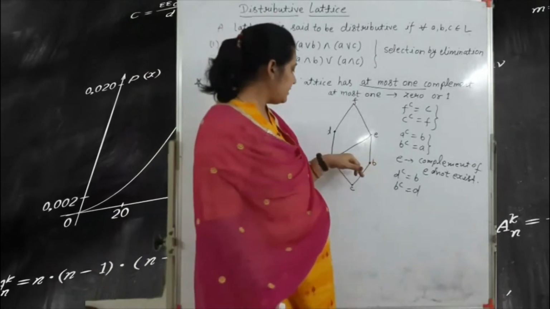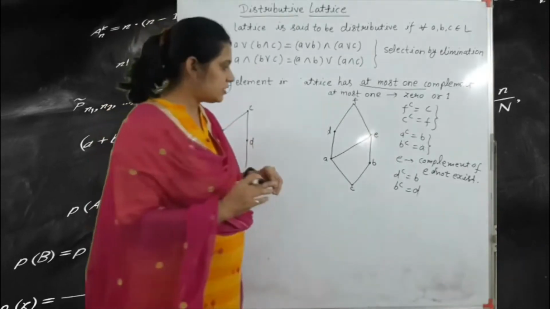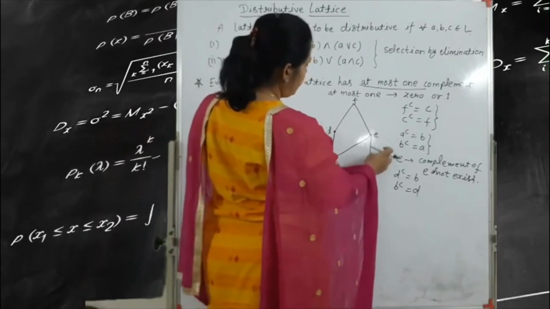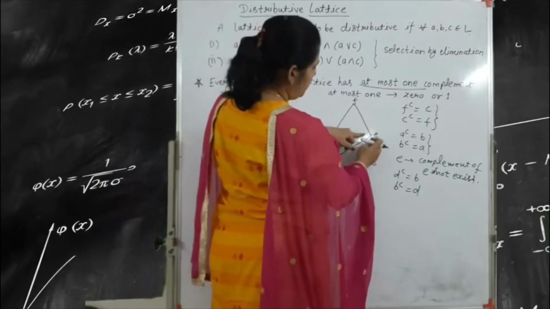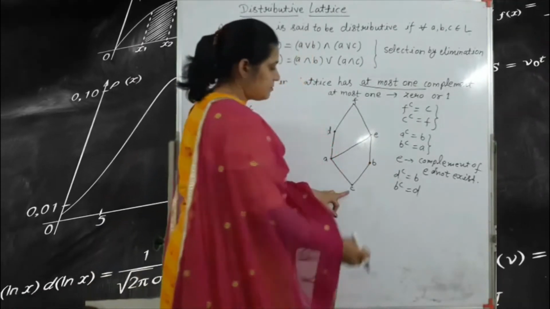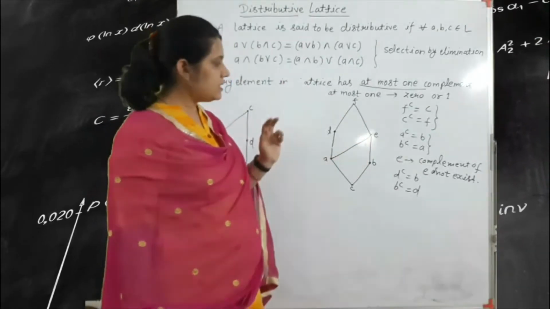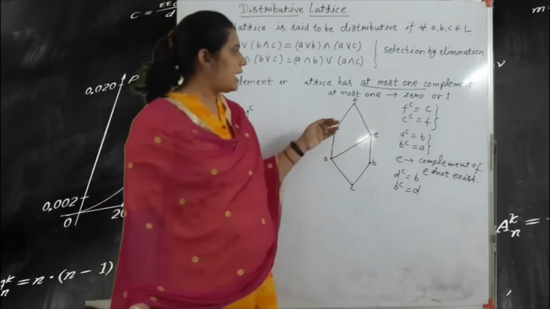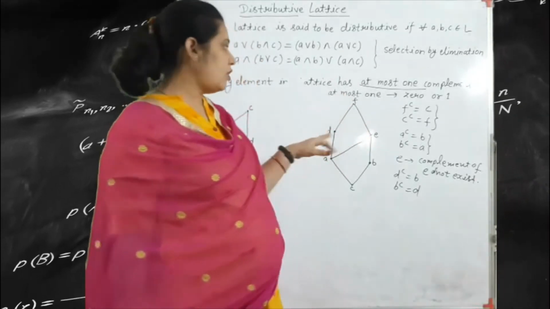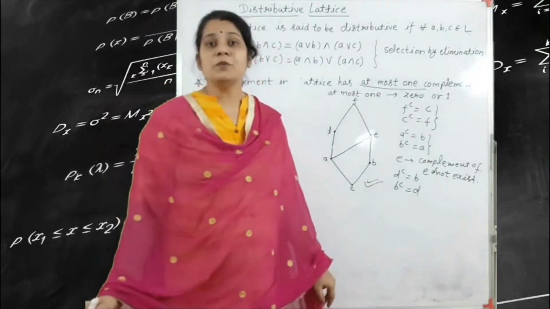So E and A do not have any complement. In case we use A and B, the first join is E and the first meet is C, so again E is not the top of the system. That means according to this diagram, every element has at most one complement, either 0 or 1. So we can say that this is a distributive lattice.